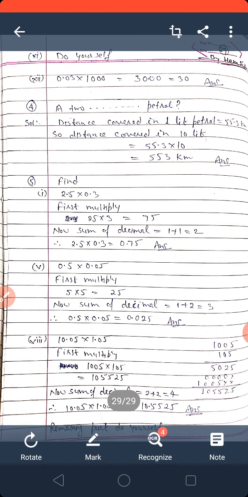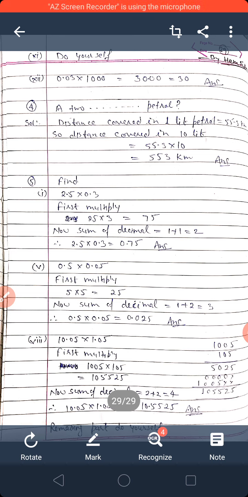Again we see question number 4. A two-wheeler covered a distance of 55.3 km in 1 liter of petrol. How much distance will it cover in 10 liters of petrol? It is simple.